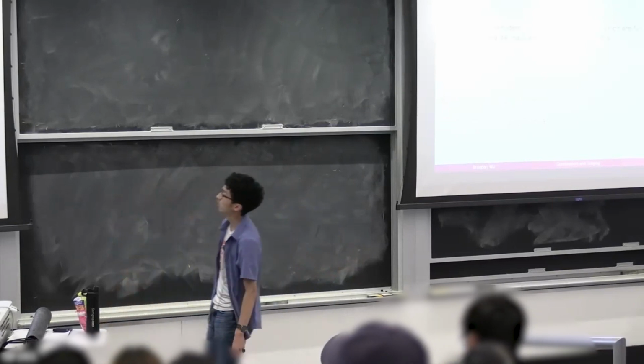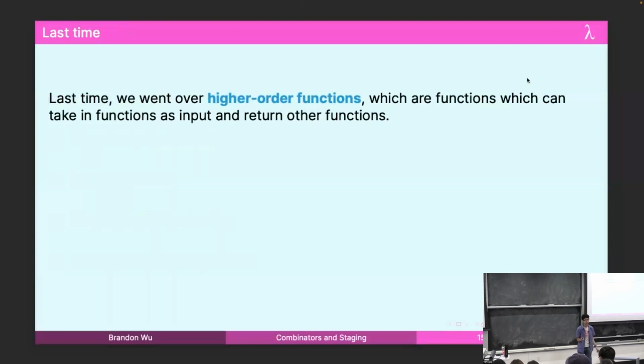All right. So last time we introduced this idea of higher order functions, which primarily are functions that take in other functions. This is a really core idea because now we can find templates in our code. We can find areas of our code that can be simplified by identifying common patterns and using higher order functions.